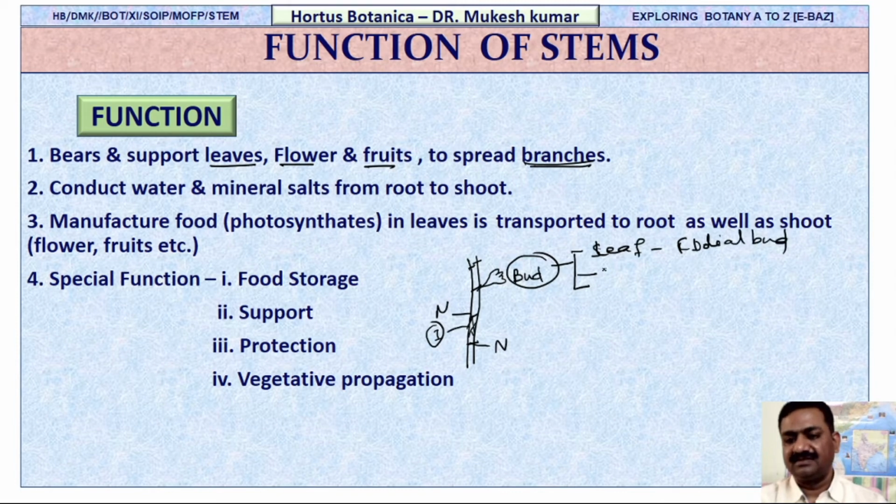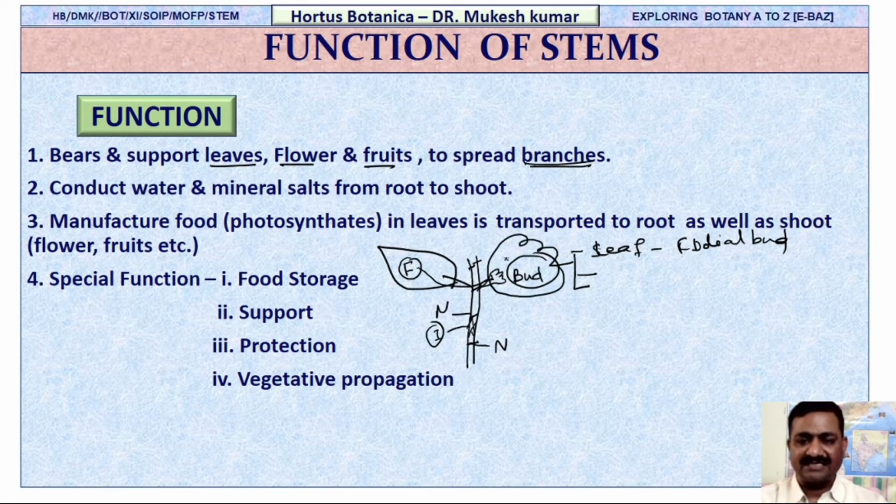Might be possible it will not bear a leaf, rather a leaf is already present and it is going to form a very important hormone, called florigen, and it will transfer to the bud. So now this bud will not grow as a leaf, rather it will grow as a flower. So this bud is going to form a colorful structure, the flower. Thus this bud is called a floral bud.